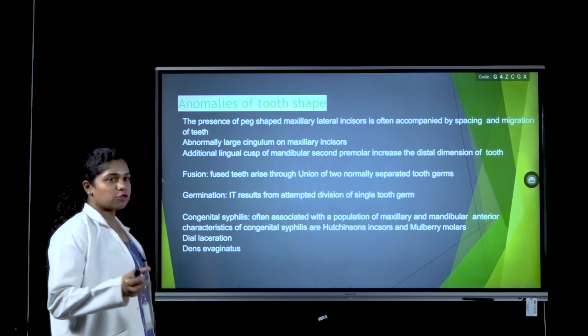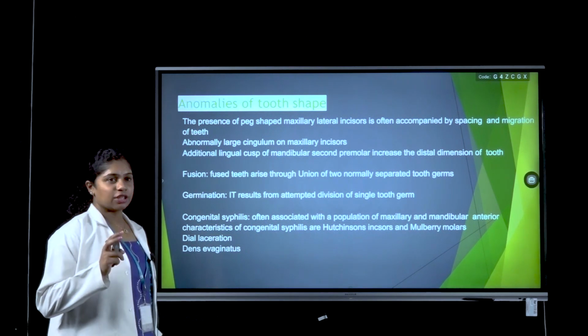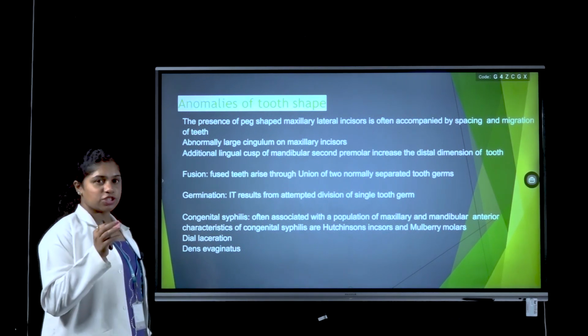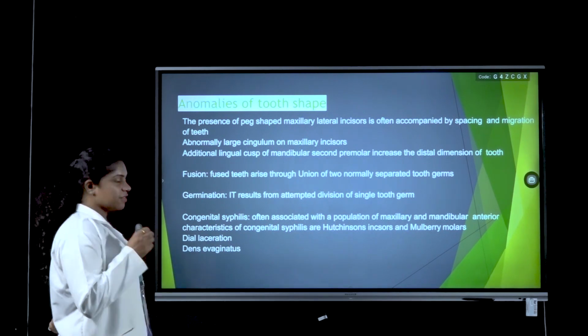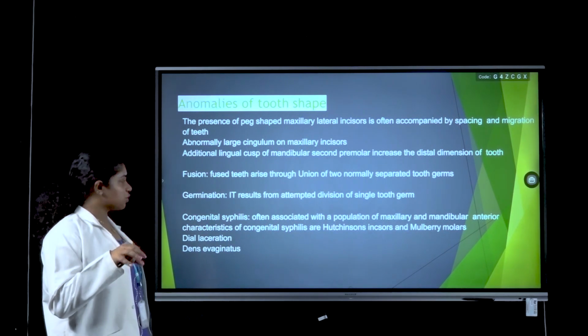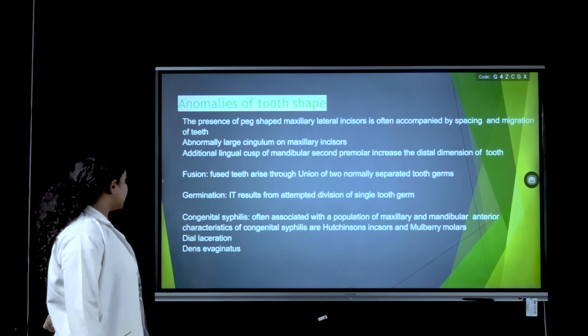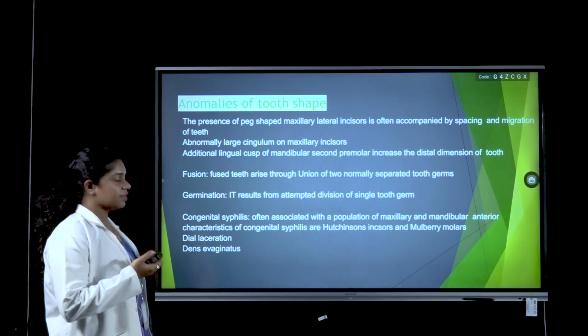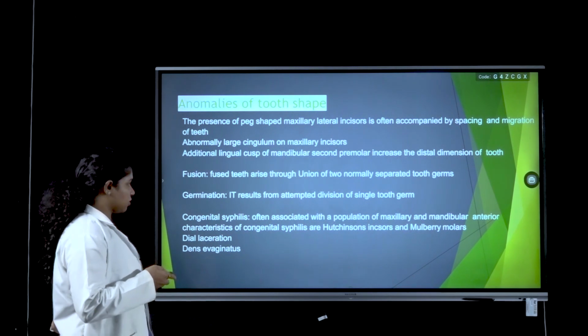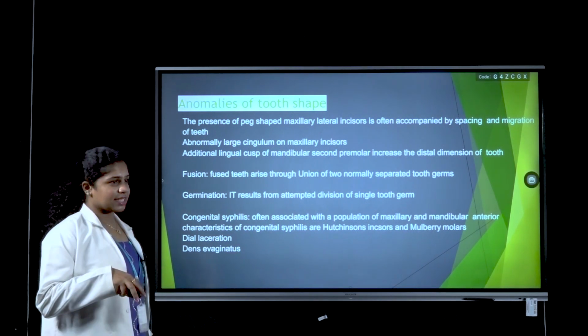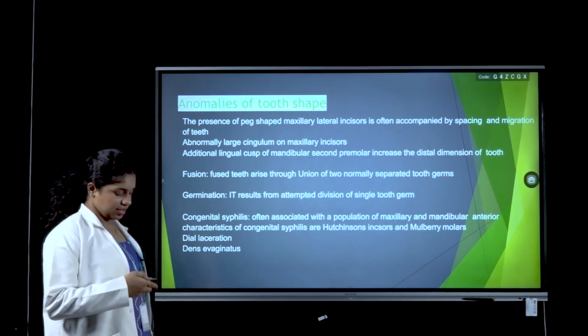Fusion is fused teeth that are present as two separate tooth germs fused into one single tooth. Gemination is division of a single tooth germ into two separate structures. In congenital syphilis, Hutchinson's incisors and Mulberry molars can also be seen. Any dilacerations or dens evaginatus can also be seen.